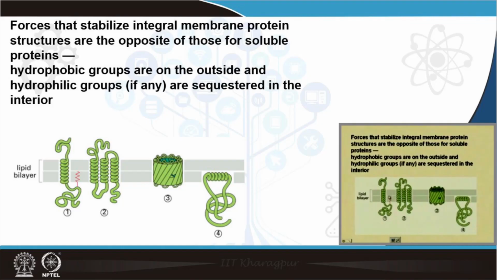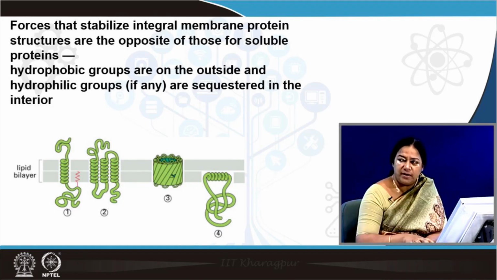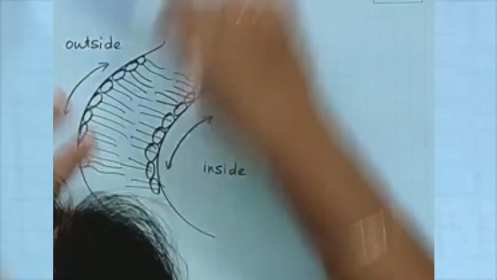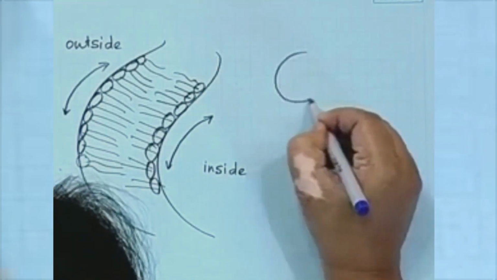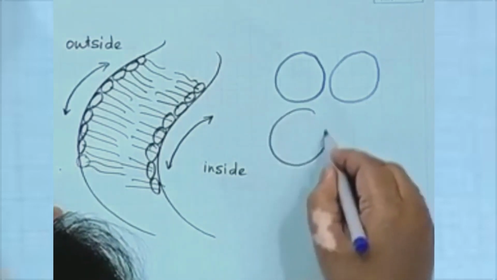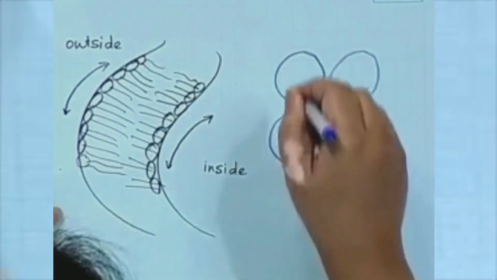You remember when we studied the forces that stabilize these membrane proteins, these proteins have surface hydrophobic residues. Suppose we had a bundle of helices, as I mentioned in the earlier classes. Now we are looking from the top down onto the membrane, and these are the helices.